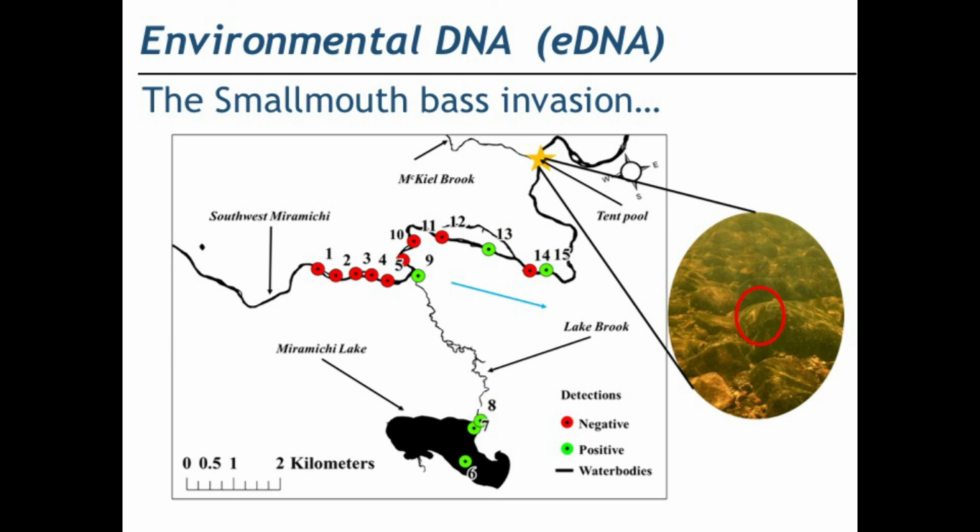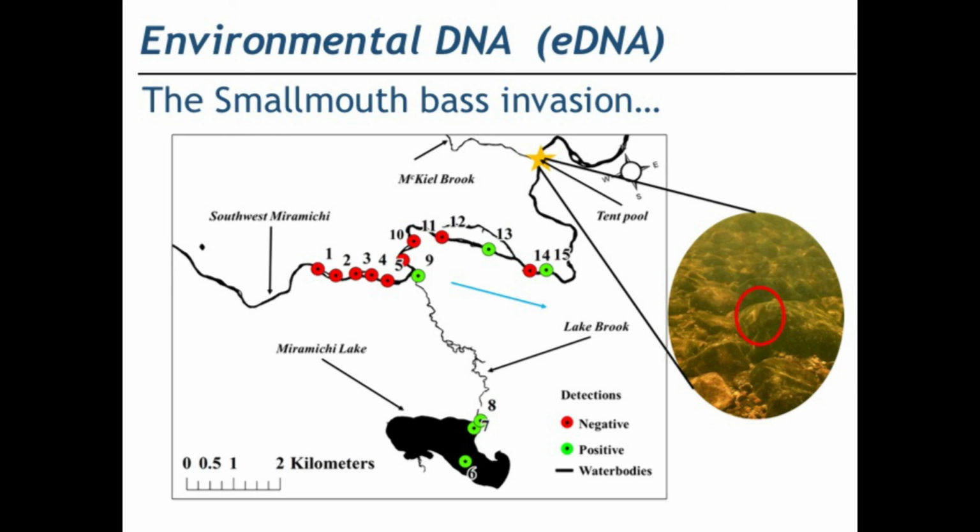The green spots identify positive detection of bass DNA, and you can see here that bass DNA was detected in some locations in the Miramichi, and Alan actually eventually visually spotted a bass in the system.